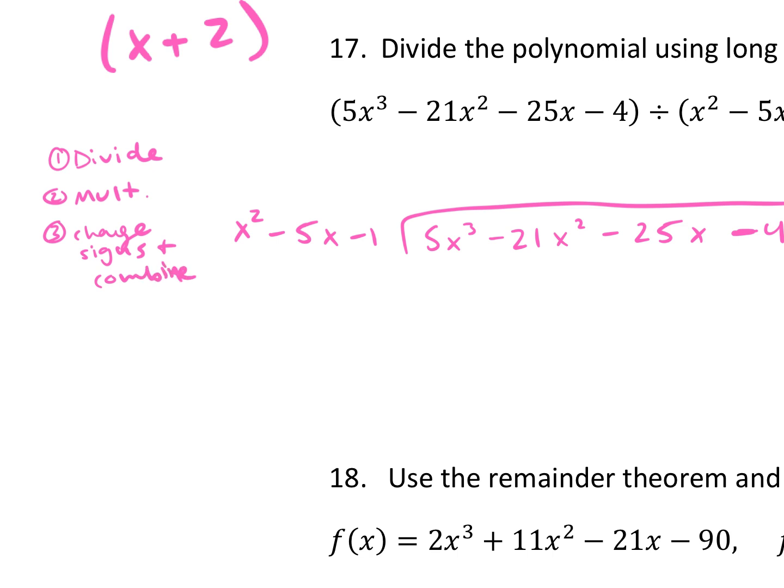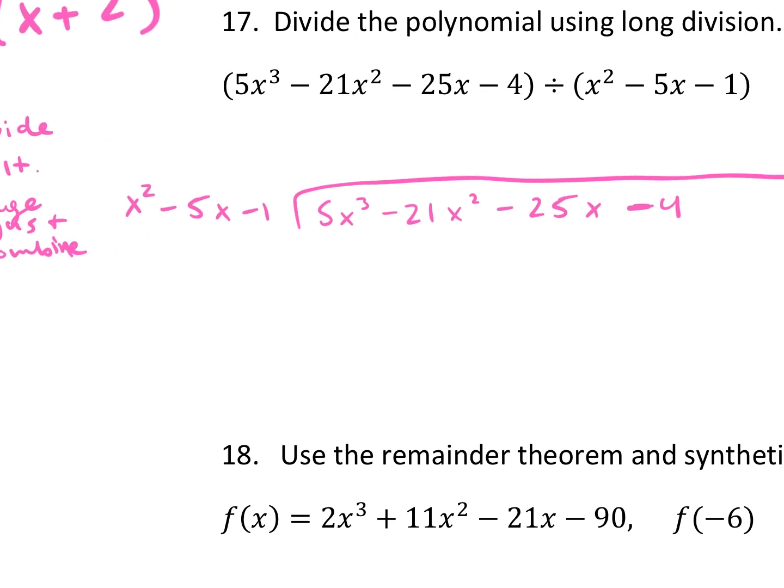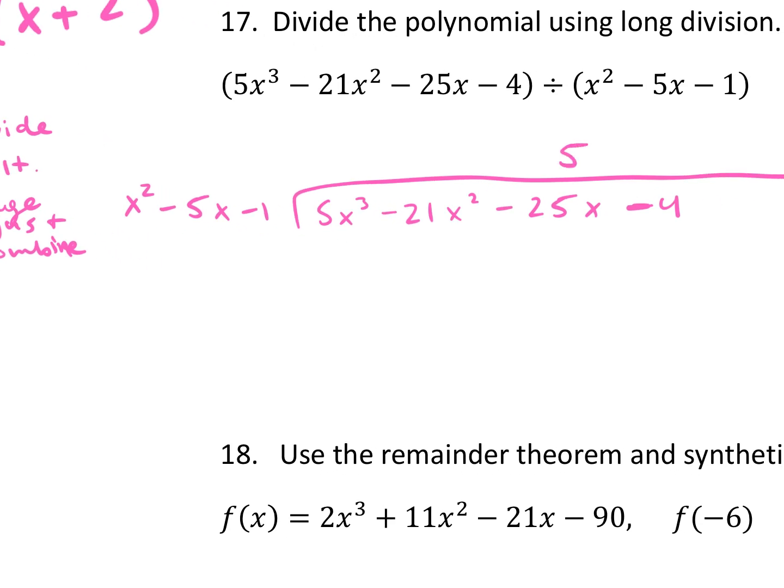So when we divide, 5x cubed divided by x squared would be 5x. I'm going to write that on top of my x term just so I'm nice and organized, keep everything in line. 5x times x squared would be 5x cubed. 5x times negative 5x would be negative 25x squared.